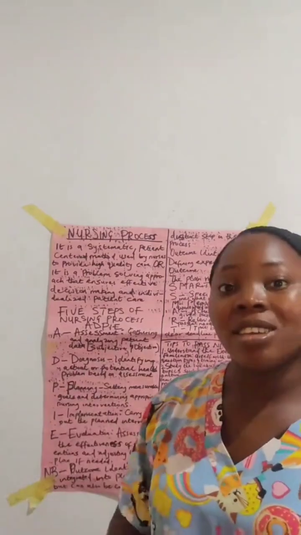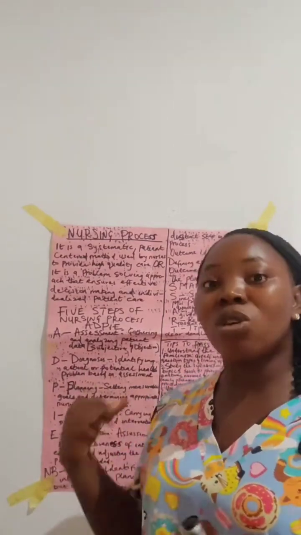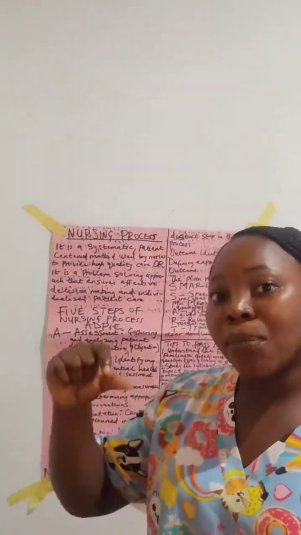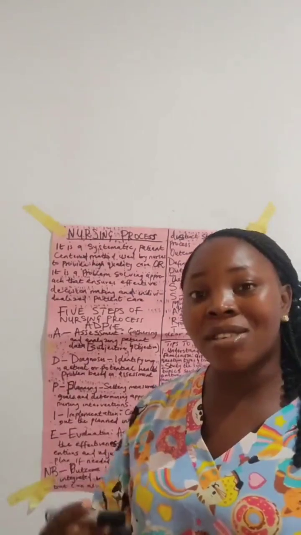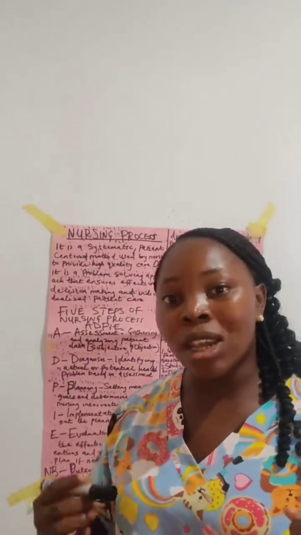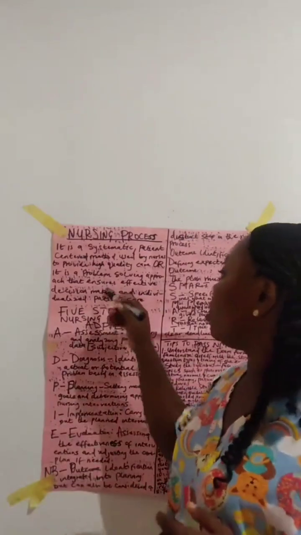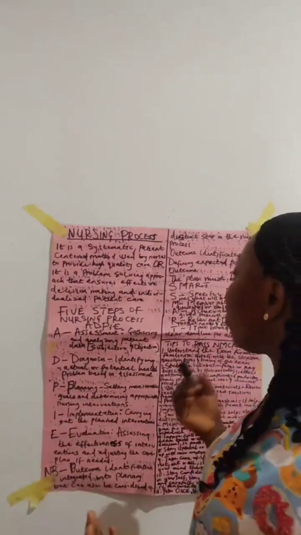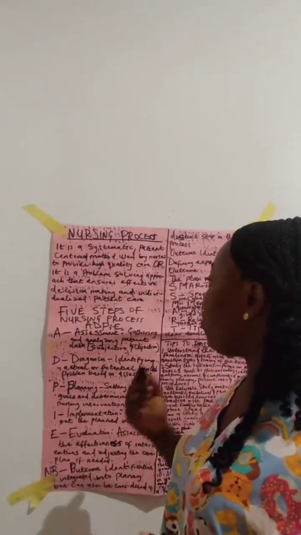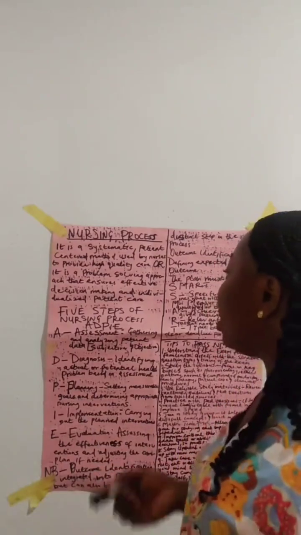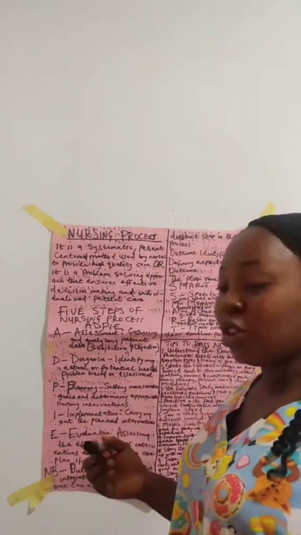Patient-centered in the sense it is individualized. This nursing process is done per patient. With this step-by-step process, the patient gets to have quality care. The next definition is that it is a problem-solving approach that ensures effective decision making and individualized patient care.